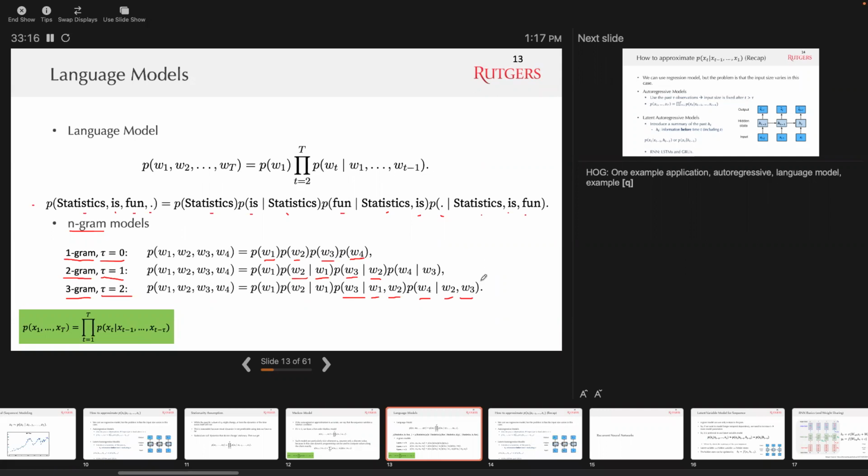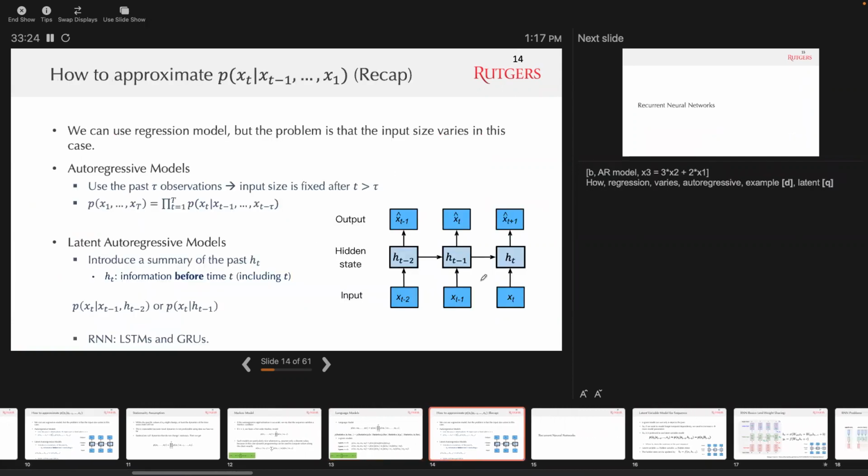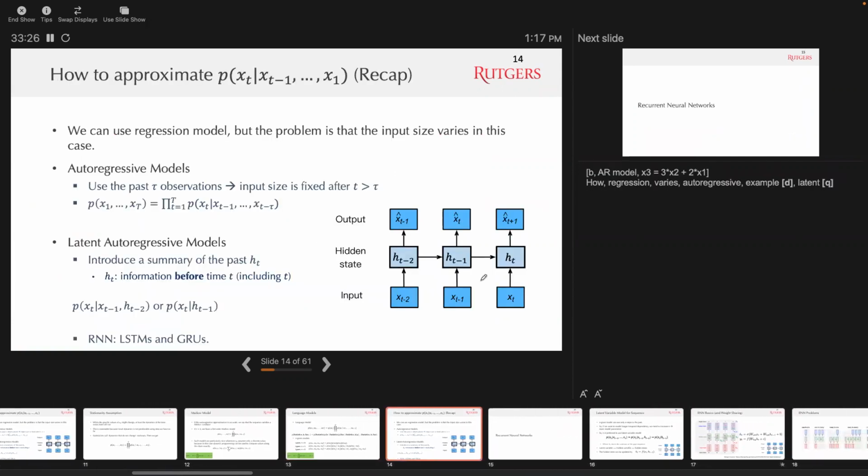All right, so now this is the end of the naive autoregressive model. Again, let's go back to this overview slide. We mentioned that we're going to talk about autoregressive models and latent autoregressive models. So this is the autoregressive model part. We talked about how to use this autoregressive model to, for example, model languages.